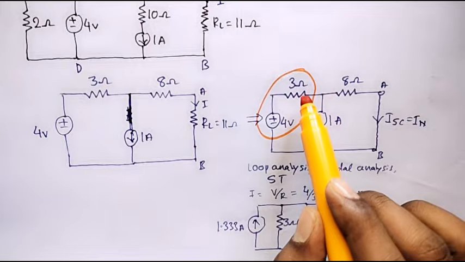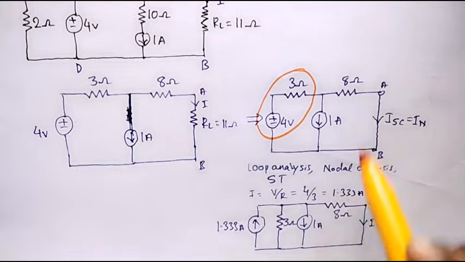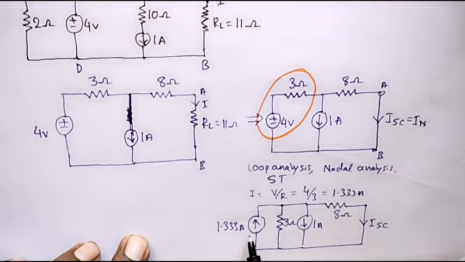So this series resistance will come in parallel with the current source. The 1 amp current source is connected as it is, the 8 ohm resistor is connected as it is, and ISC is connected as it is. Now here we can observe that the 1.333 amp and 1 amp currents are in parallel.